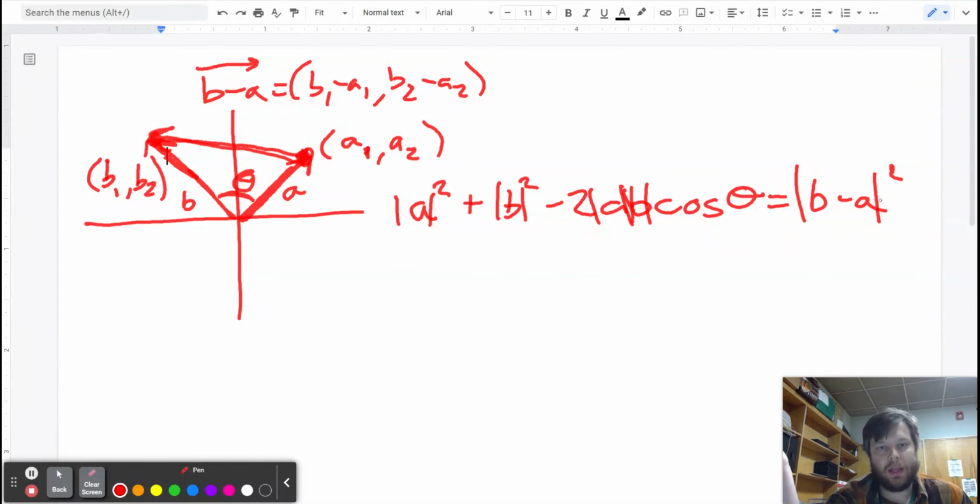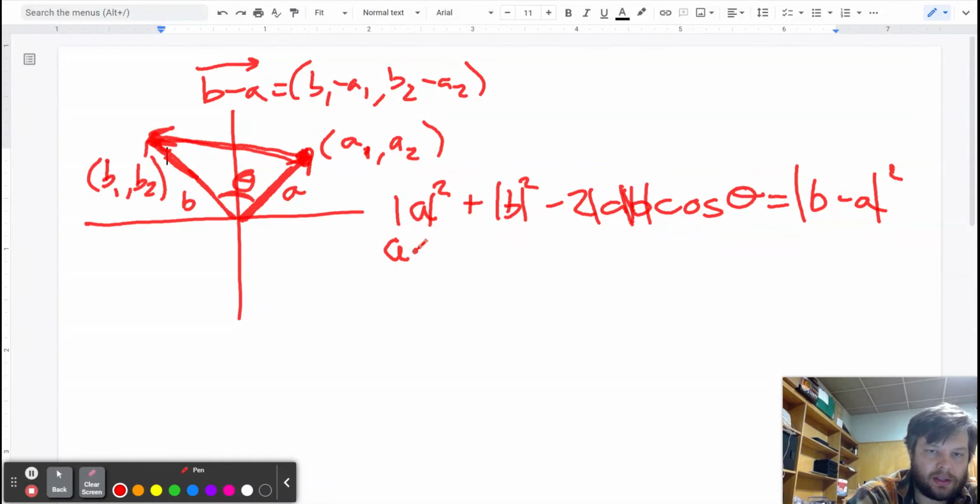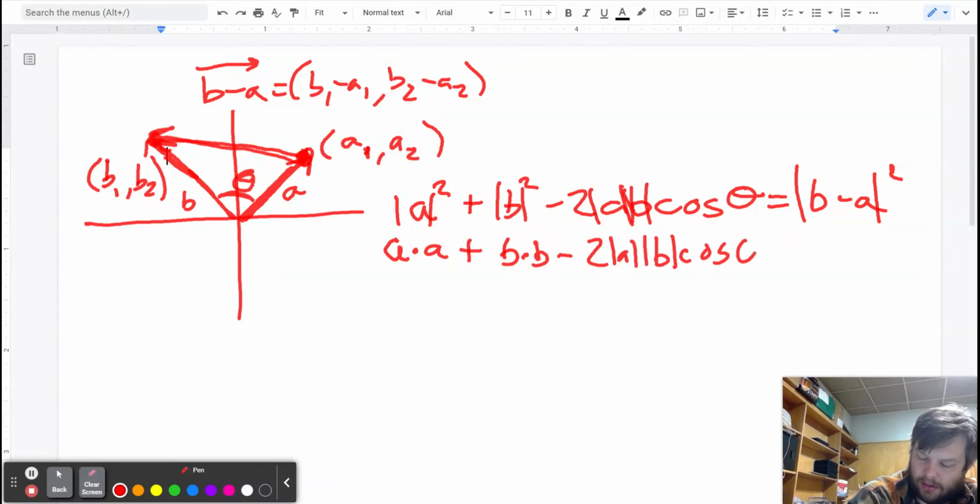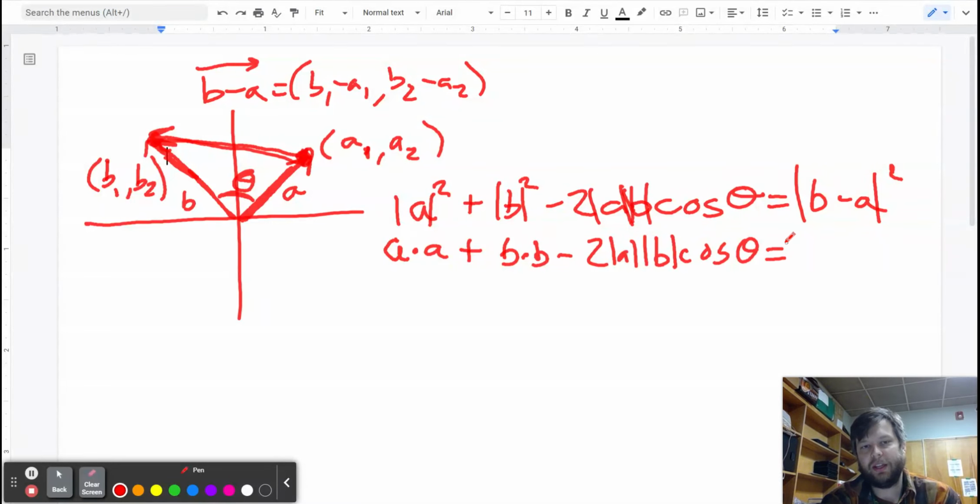Okay. So then the absolute value of a squared I can write as a dot a. The absolute value of b squared I can write as b dot b. And here I've got 2 absolute a, absolute b cosine theta equals the absolute value of b minus a squared.